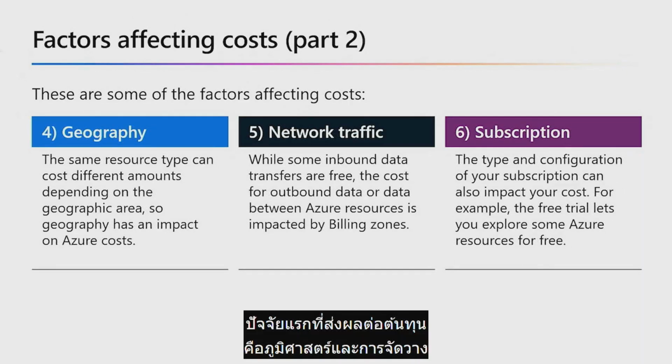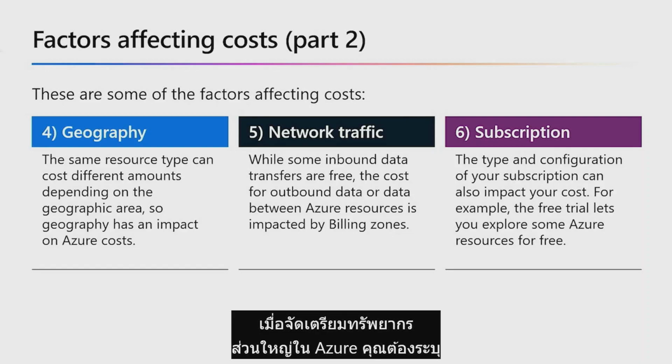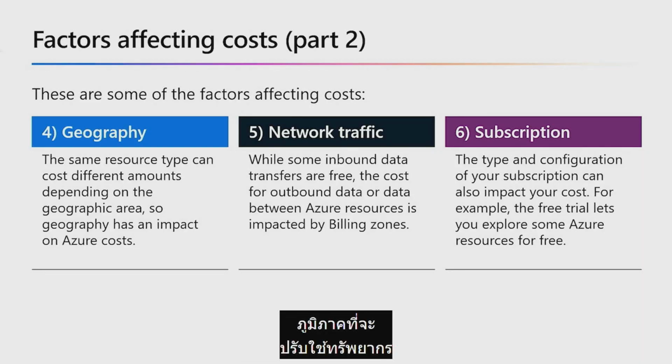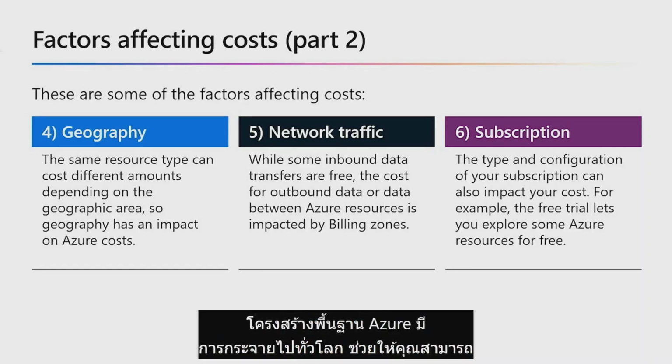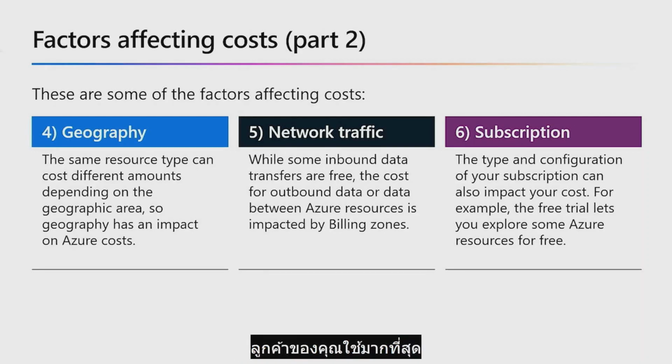The fourth factor that affects cost is the geography and placement of your resources. When provisioning most resources in Azure, you need to specify the region where the resources will be deployed. Azure infrastructure is distributed globally, allowing you to deploy services centrally or as close as possible to where your customers use them.